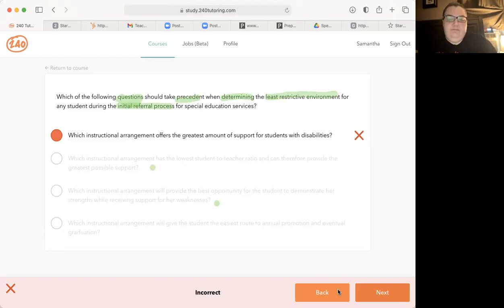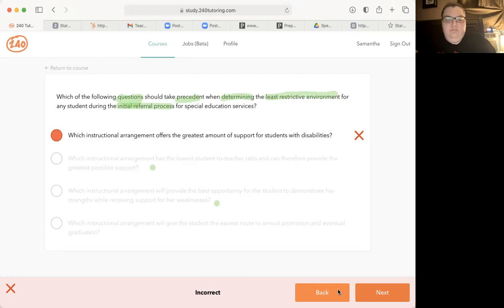So it might be okay for them to be in a general ed classroom where there's a general ed teacher and a co-teacher in charge of 6 special ed students. I don't know what the breakdown of teacher ratio support for that is, but they have 2 teachers on record. They're getting that 100% in-class peer contact and student-centered instruction and support from a co-teacher, which is why I think C works, since we want to be least restrictive.